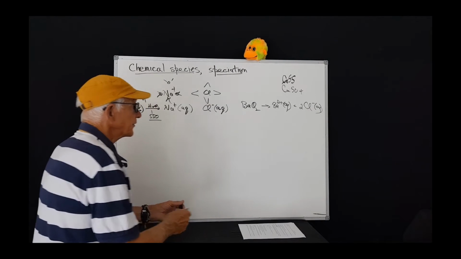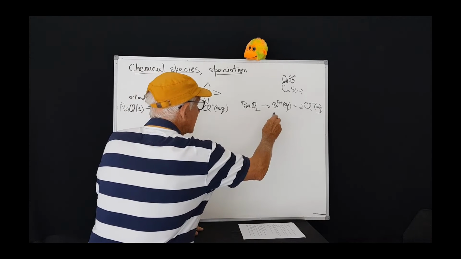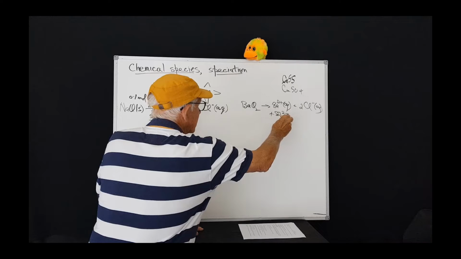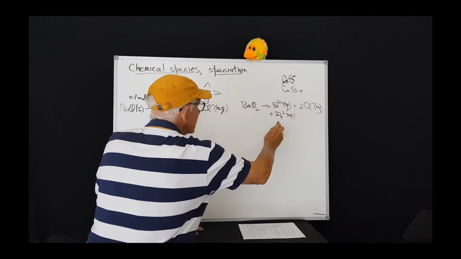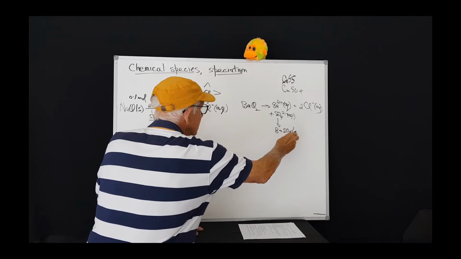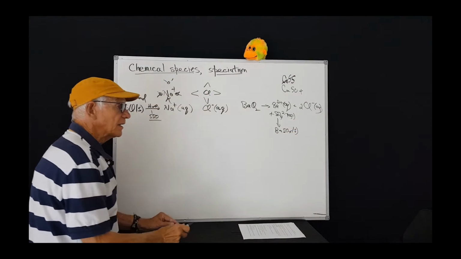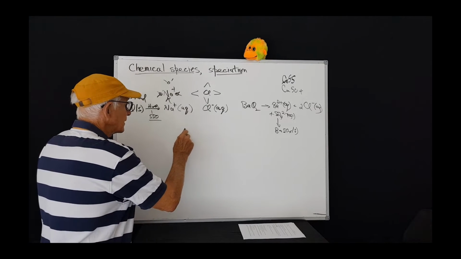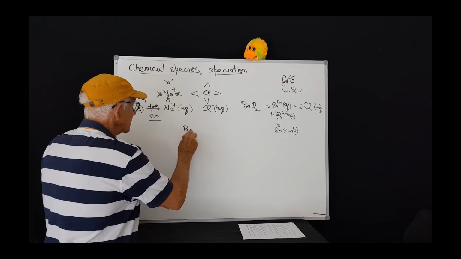Excellent. The reactant species is aquated barium ions, and they react with the aquated sulfate ions to form barium sulfate solid. A lot of textbooks you'll find will give a chemical equation like this.